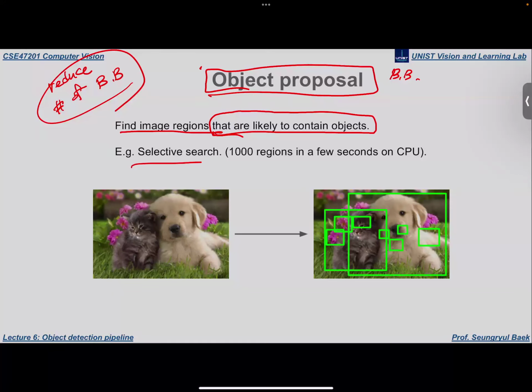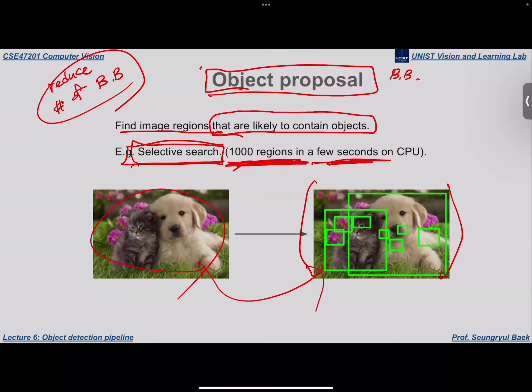One of the representative algorithms is the selective search algorithm. It can find 1,000 regions in a few seconds, and those 1,000 regions may be the bounding boxes that are likely to contain objects. Such an algorithm is called the selective search algorithm. So given an image, it tries to find bounding boxes that may contain objects.